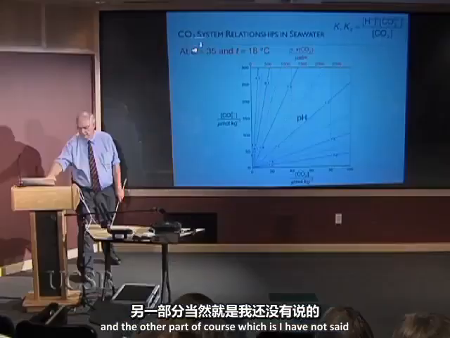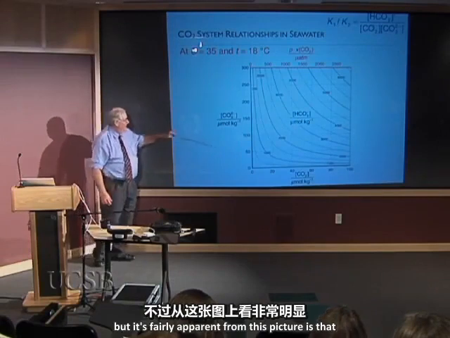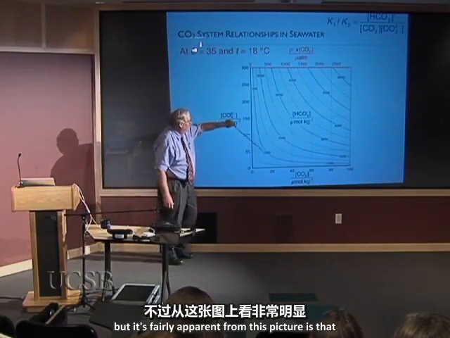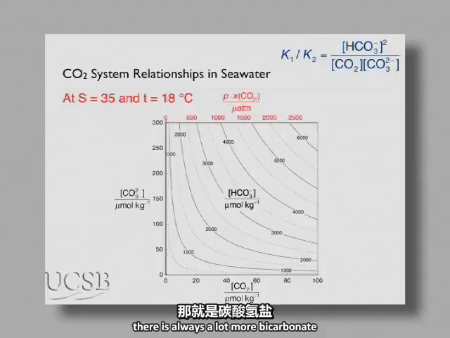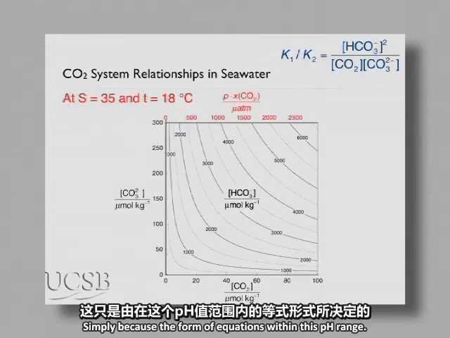And the other part, of course, which I've not said, but it's fairly apparent from this picture, is that there's always a lot more bicarbonate than there is any carbonate or CO2, simply because of the form of equations within this pH range.